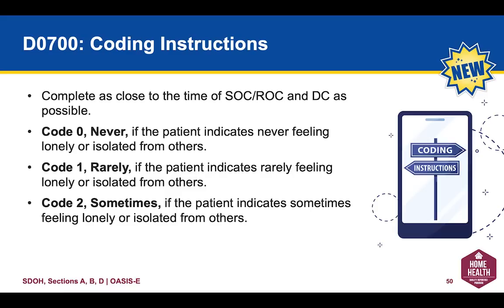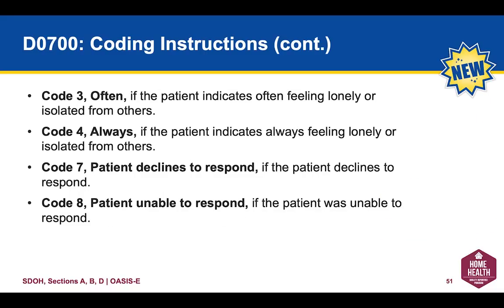Code 1, rarely, if the patient indicates rarely feeling this way. Code 2, sometimes, if the patient indicates sometimes feeling lonely or isolated from others. The assessor would choose code 3, often, if the patient indicates often feeling this way. Code 4, always, if the patient indicates always feeling lonely or isolated from others.